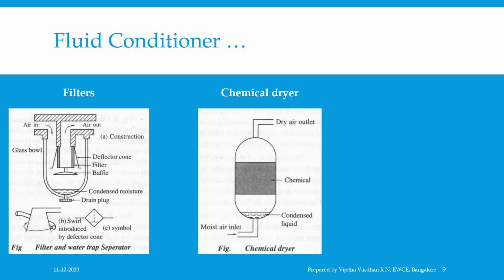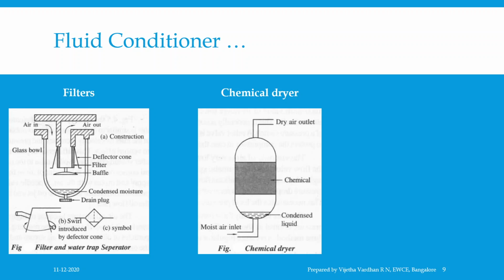Refrigerator drying reduces the dew point sufficiently low, which may not be desired in most processes when absolutely dry air is required. Chemical dryers are employed, which you can see in this figure, showing the principle of chemical drying. In this case, moist air is passed through a chemical agent called desiccant.